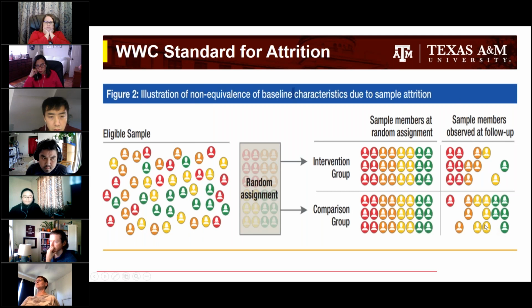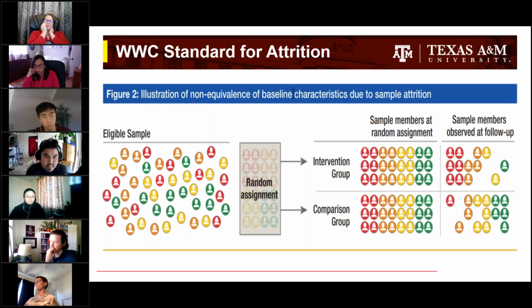So at the time of follow-up or post-test, attrition has resulted in groups that are different from the initial groups. These two and these two are different, and these two are different too.